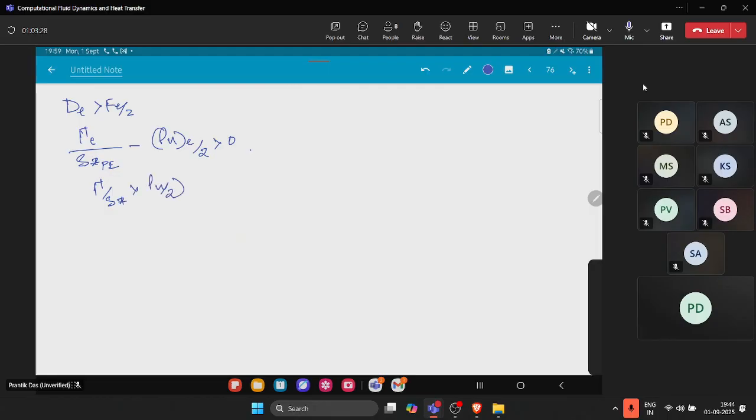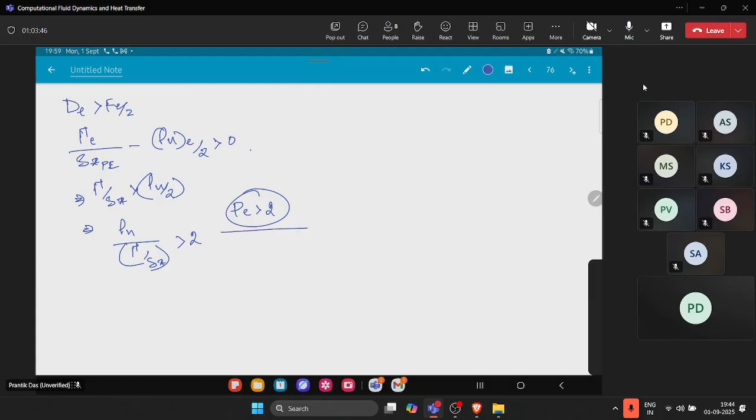So gamma by delta X is greater than rho U by 2.